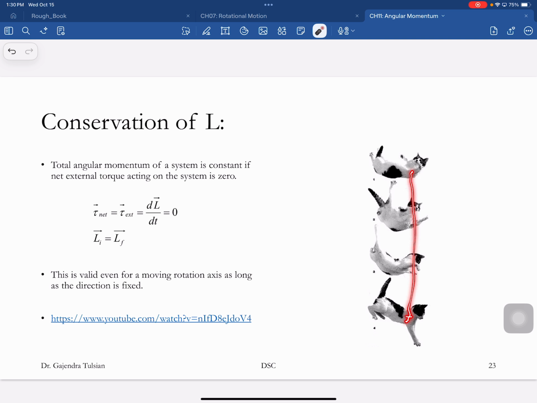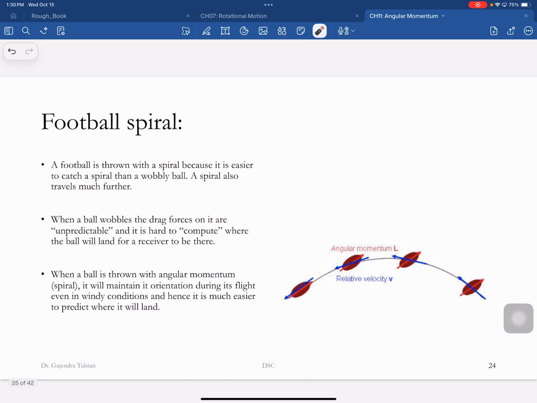And then the front, when it's in the right direction, it lands on its feet. So you guys have all watched football, and why do you throw the football with a spiral, with a spin?